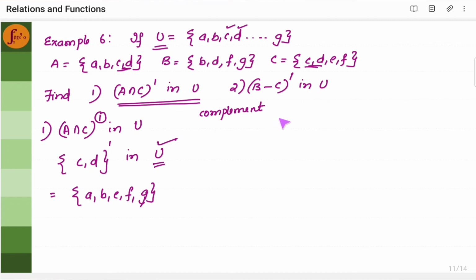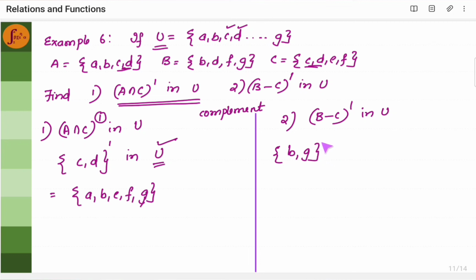Now, let's find the second one. Second one is B minus C, the whole complement in U. So, let's find B minus C first. Elements in B but not in C. B is here? No. D is here? Yes. F is here? Yes. G is not there.